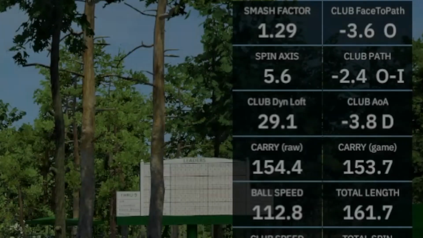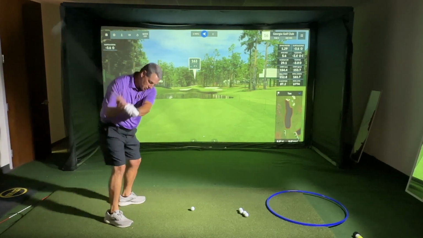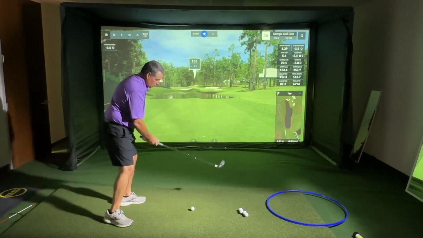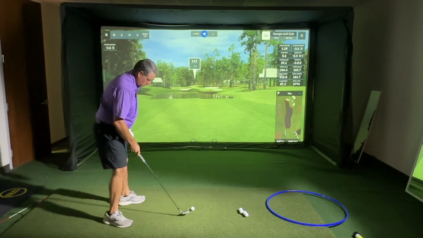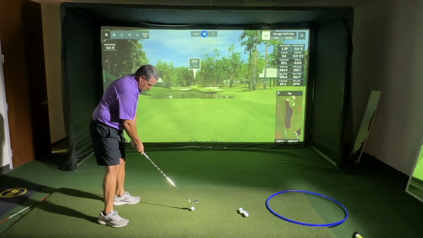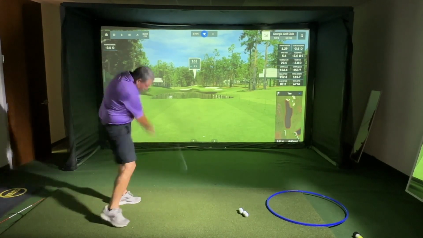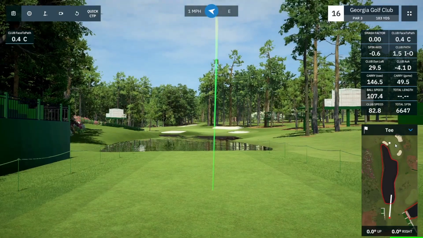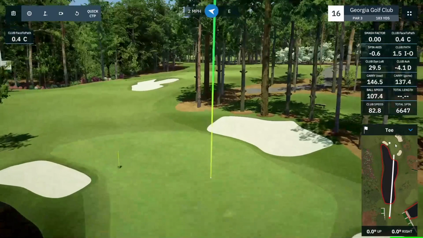So you can see what I'm doing here is I'm trying to go from somebody who every time is just swinging this way and trying to get it more this way. Same thing. That's pretty good.